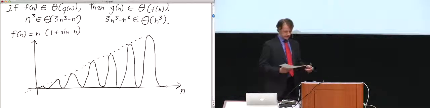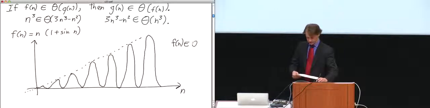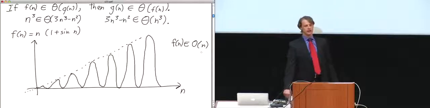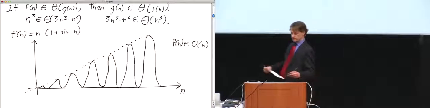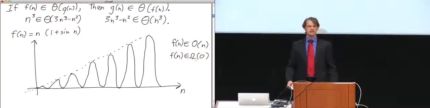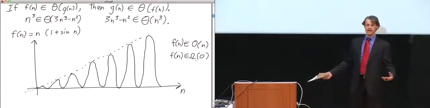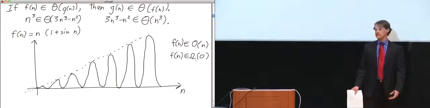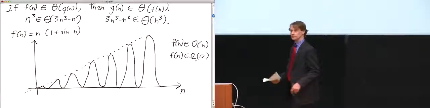You can say that this function f of n is in big O of n because it never gets bigger than n. And you can say that this function is in big omega of 0, which honestly doesn't tell you very much at all. But you can't say that it's in big theta of n. You can't say it's in big theta of 0. You can't say that it's in big theta of anything simpler than itself.